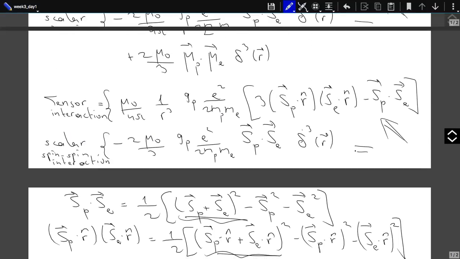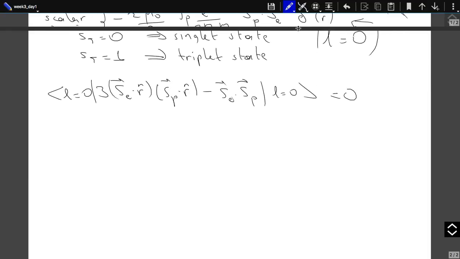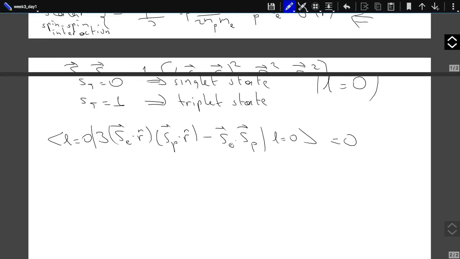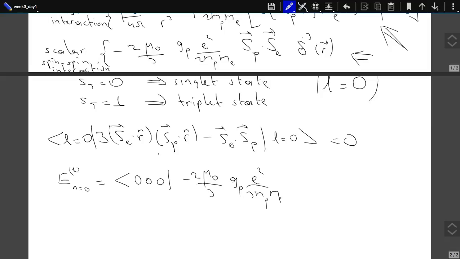Now then the only thing left is this one. So the correction to the energy, let's say n is equal to 0, 0, 0, will be minus 2 mu 0 over 3 g proton e squared over 2 MP ME.